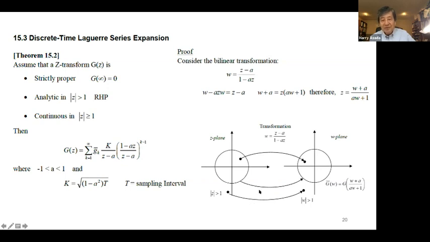It preserves such stability and phase conditions. Okay, now, however, through this transformation, we can relocate the poles in here to a different location here, right?